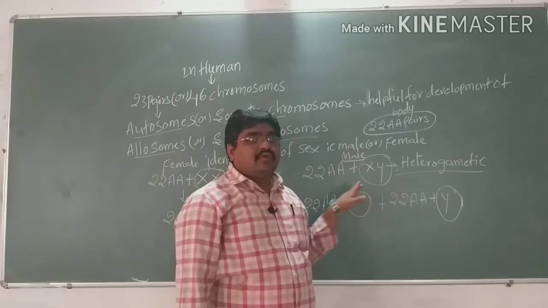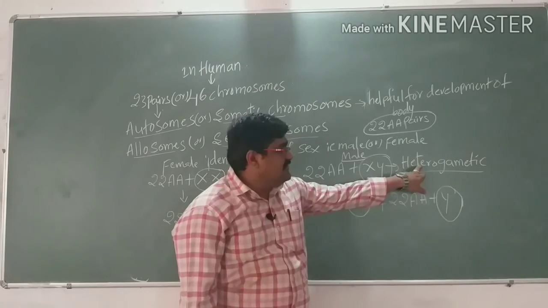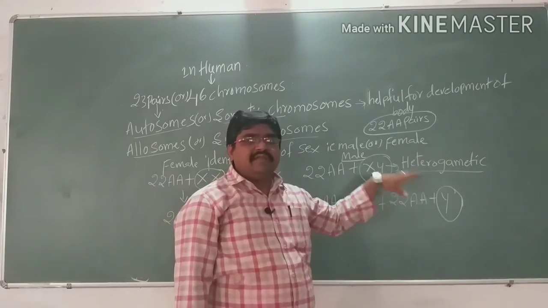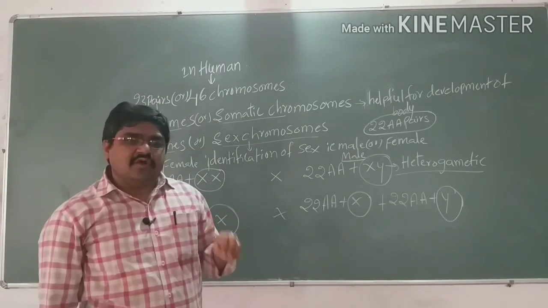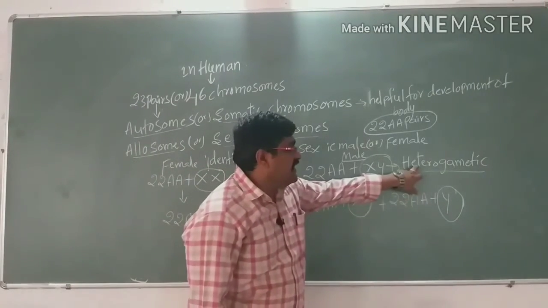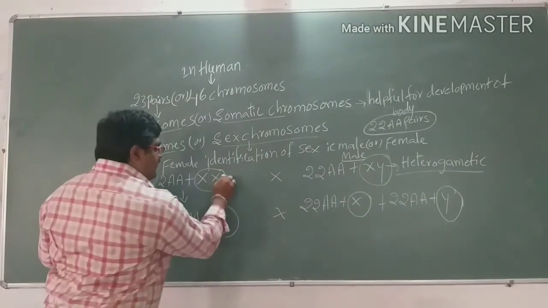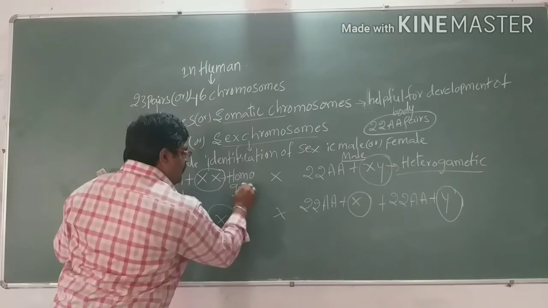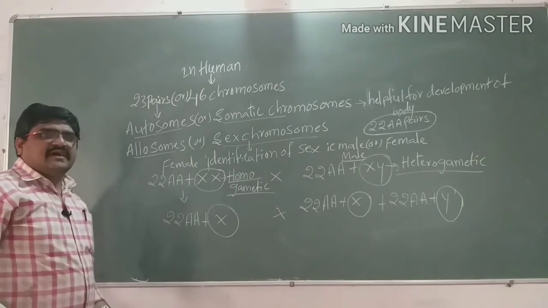Due to having two different chromosomes, we can call this the heterozygous, or heterogametic, condition. Hetero means different gametes. That means if the organism has two different chromosomes, we call it heterogametic. And if the organism has the same type of chromosome, we call it homogametic, having the same type of chromosomes present.